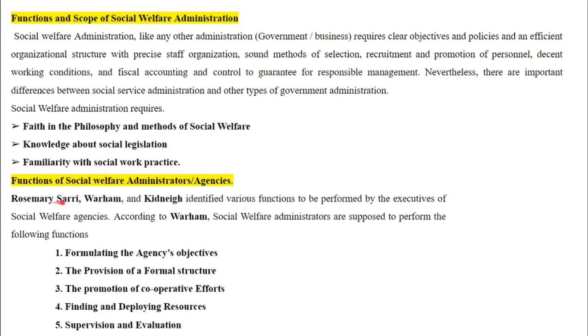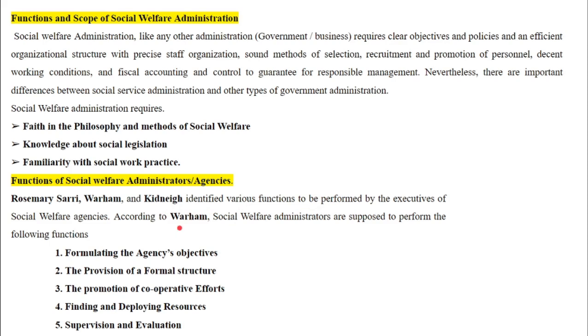Now moving to the functions of social welfare administrators or agencies. Different authors have identified various functions to be performed by the executive of a social welfare agency.